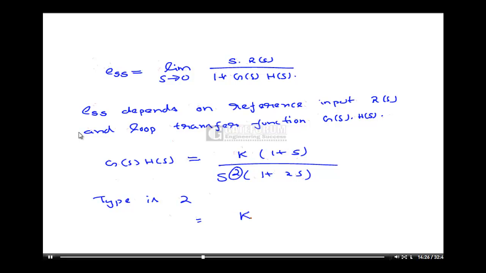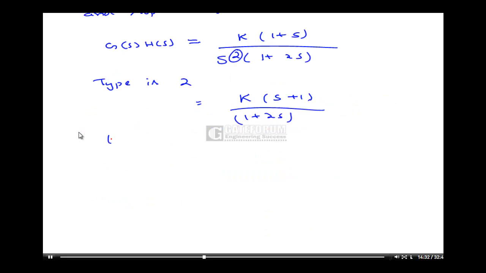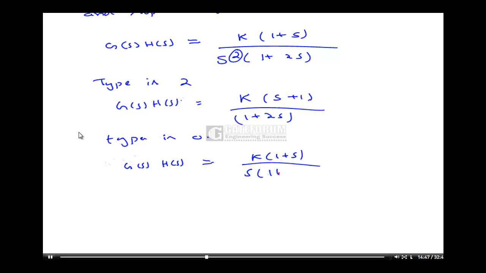If it is K(s+1) upon (1+2s), that means here the type is 0. Okay. If I am having a term with the power of s being 1, the type is 1. Okay, understood. So this is the type of the system.